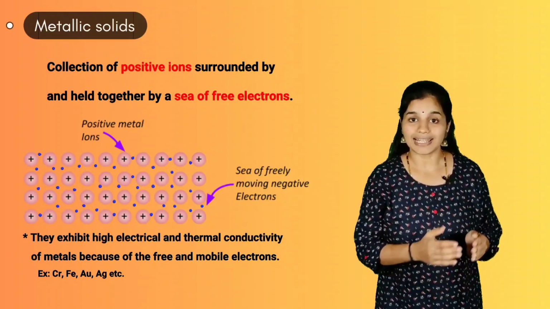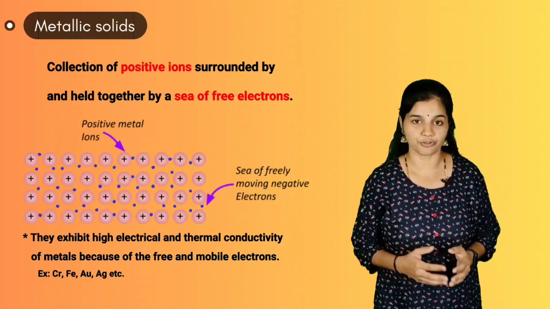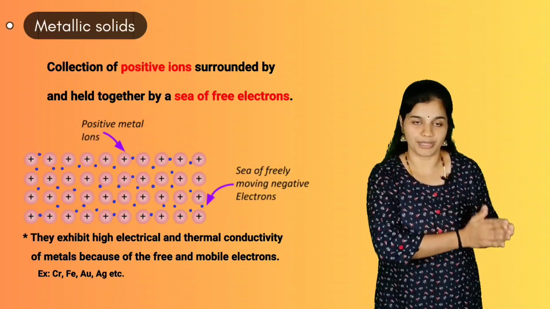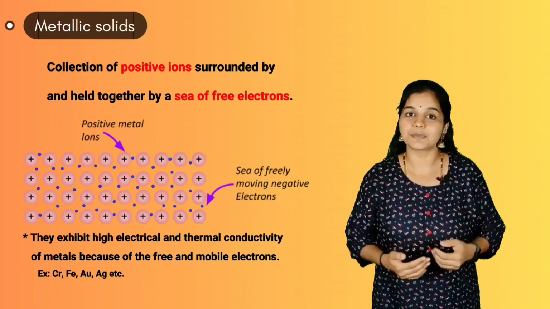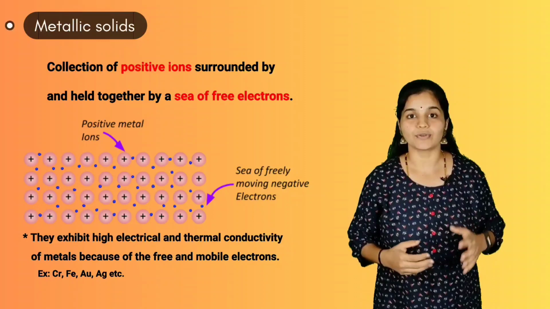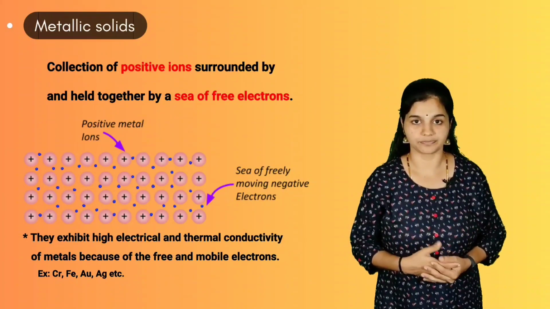When we apply an electric field, these free electrons flow through the network of positive ions. When heat is supplied to one portion of the metal, the thermal energy is spread uniformly throughout the metal. This is mainly because of the presence of free electrons which can move around.